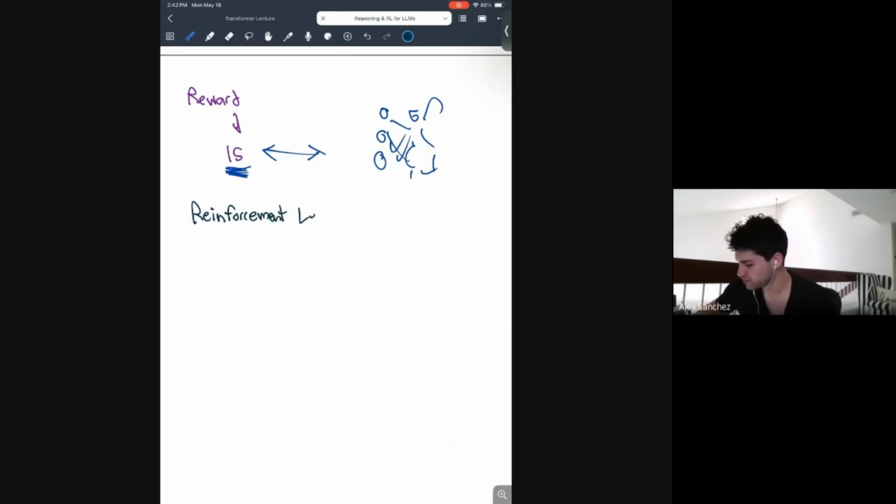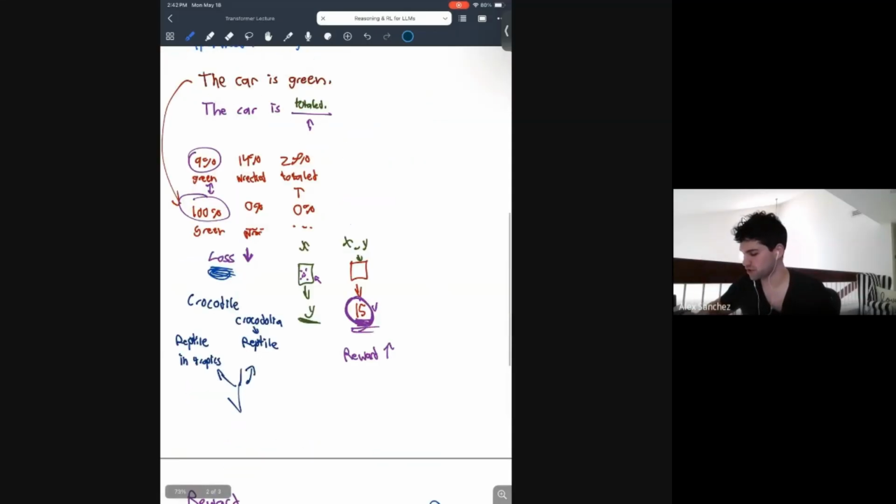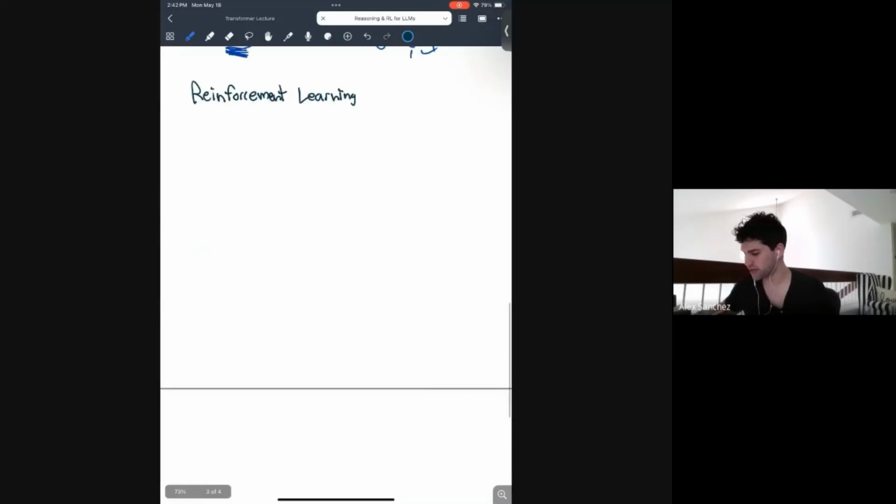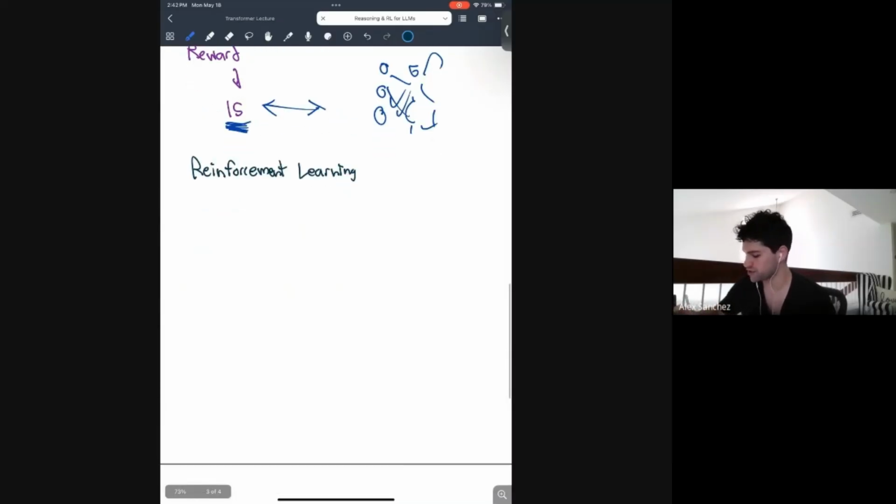And so let's talk about reinforcement learning. Reinforcement learning is separate from supervised learning, in which we have what we call an agent. I'm going to use a more classical example of RL, separate from the neural network right now, and then we're going to re-implement it into our neural network.